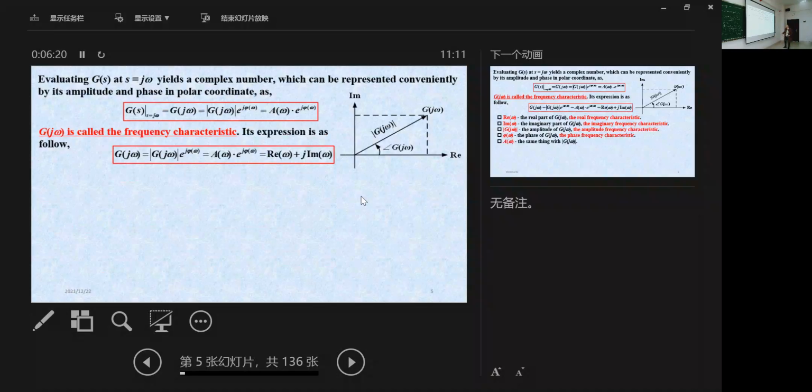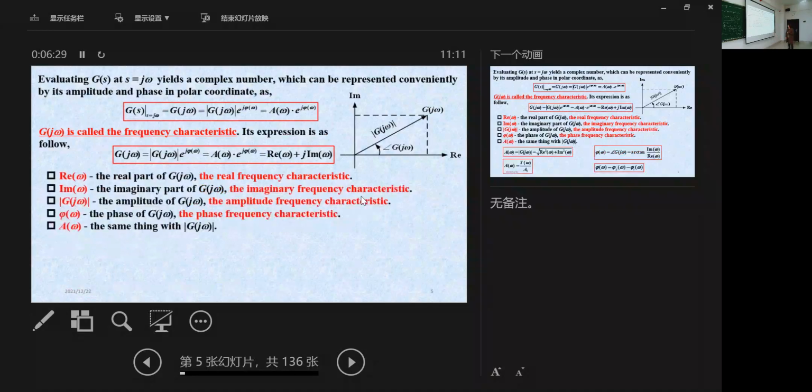If we draw it in polar coordinates, the x-axis is the real axis and the y-axis is imaginary. R here is the real part of G(j omega), the real frequency characteristic. I is the imaginary part of G(j omega), the imaginary frequency characteristic. The amplitude of G(j omega) is the amplitude frequency characteristic, the length of this.